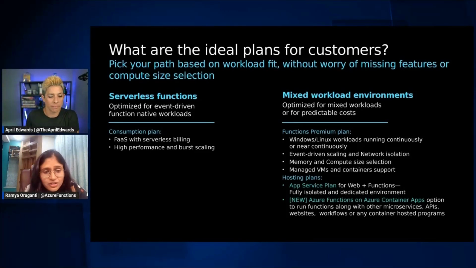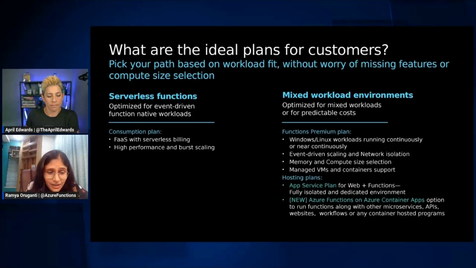And then you have Azure Functions Elastic Premium plan, which is ideal for workloads that are running continuously. This plan offers event-based scaling and network isolation. And there's also Azure App Service Environment, which is for apps that come under the app service plan. This is a fully isolated, dedicated environment suitable for workloads that need large queues.